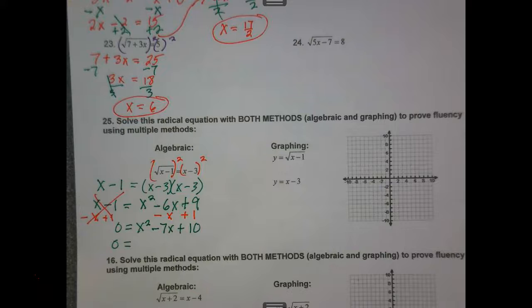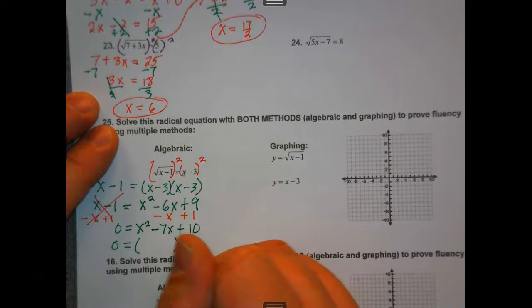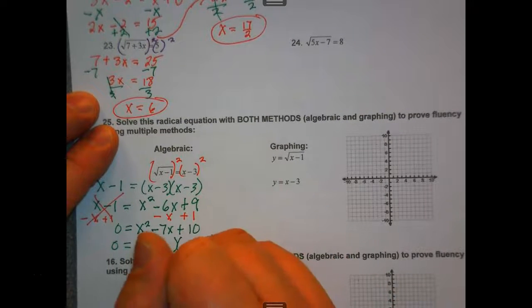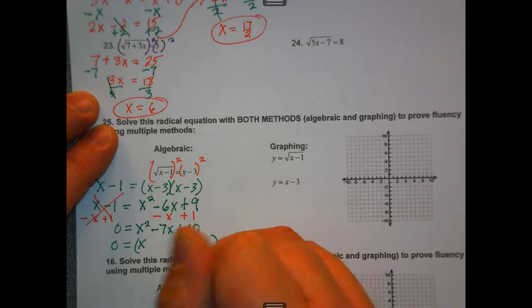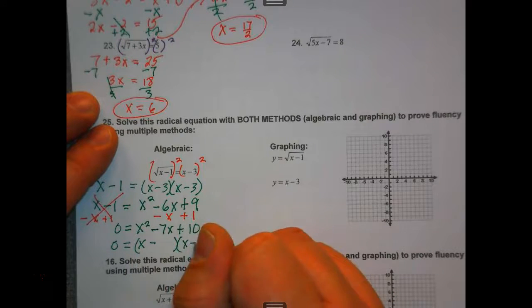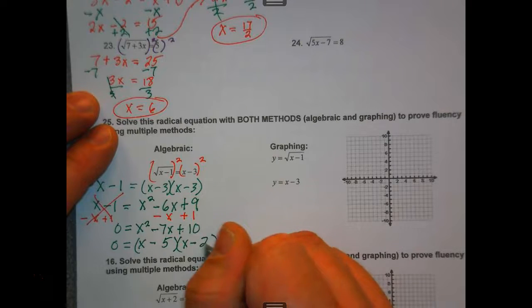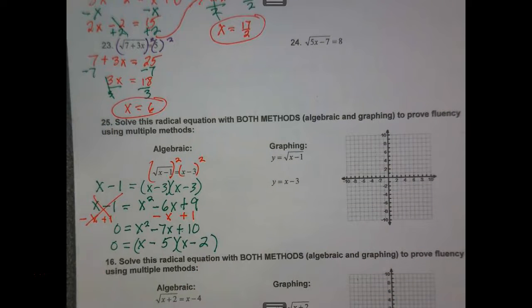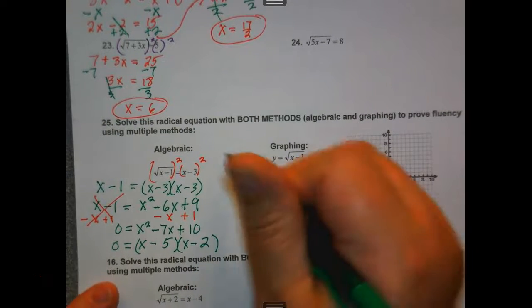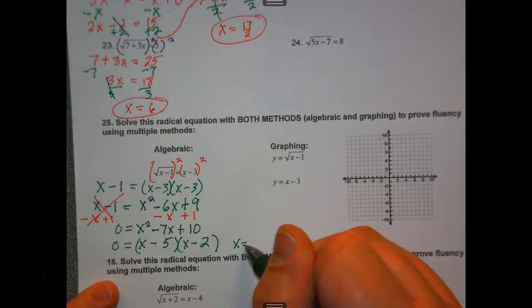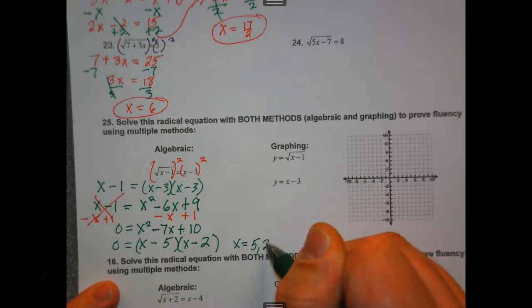One was factoring, 2 was square root on both sides, 3 was completing the square, and then the quadratic formula. Well, I'm just going to factor this because I can. That's a plus, that's a minus, so it's minus, minus. Factors of 10: 5 and 2. So my answers here are x equals 5 and 2.